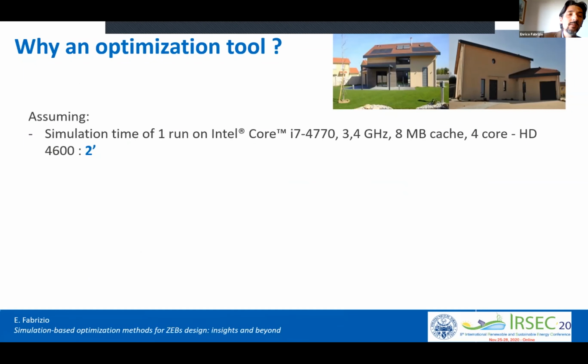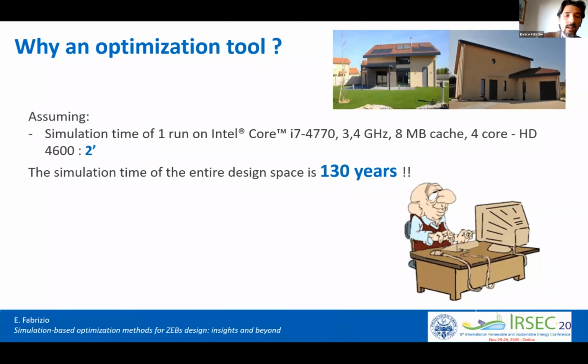And if we assume to do the simulation like that, the total simulation time of the entire space would be 130 years, which is obviously not possible, even though the case study is so easy and so simple. So there are 2 ways.